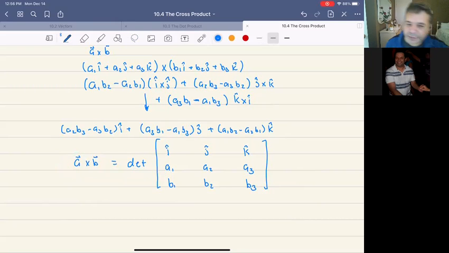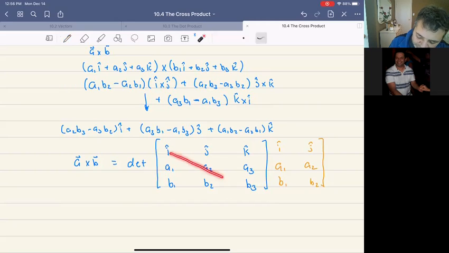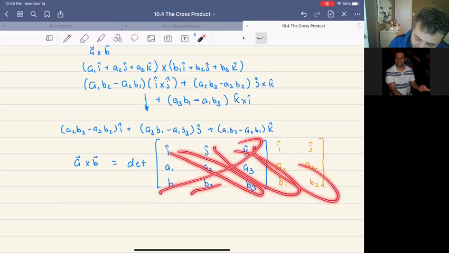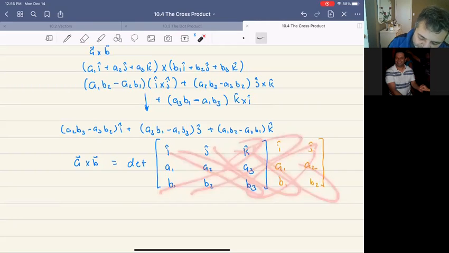Okay, and there's lots of different ways that you could learn how to do this. The way that I learned how to do it way back when, which I don't think is being taught so much now, but it still works just fine, is I'll make a couple extra columns here and just repeat those first two columns, and then it's going to be positive this way, negative this way. You'll see what I mean here in a second.